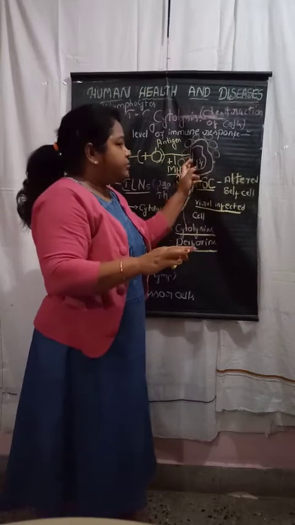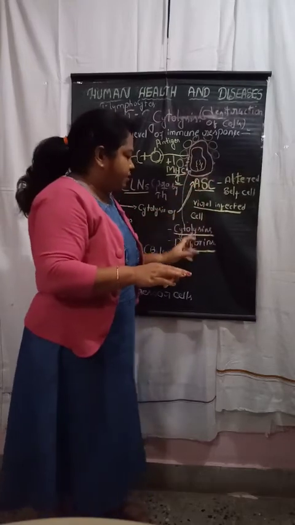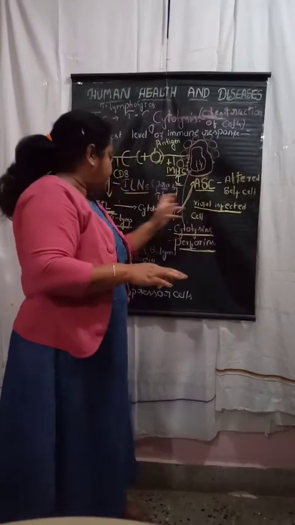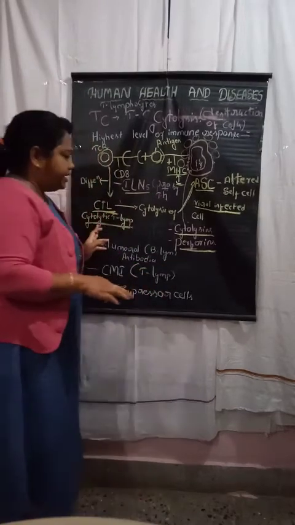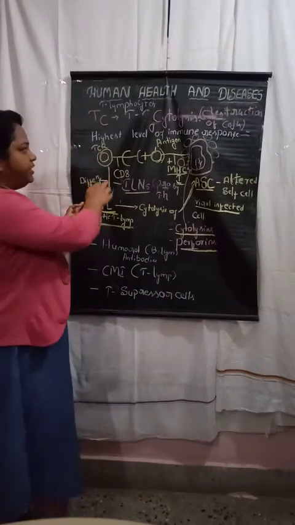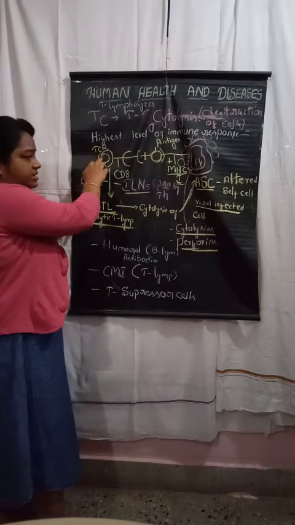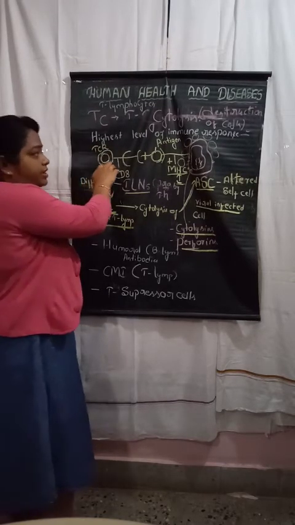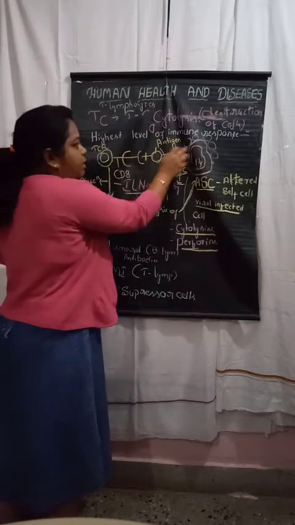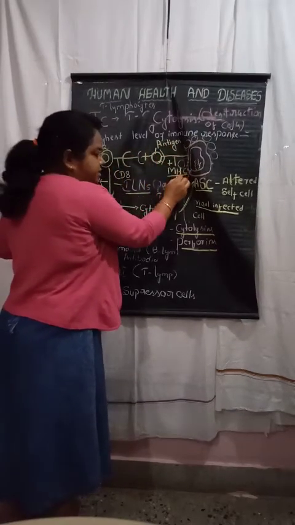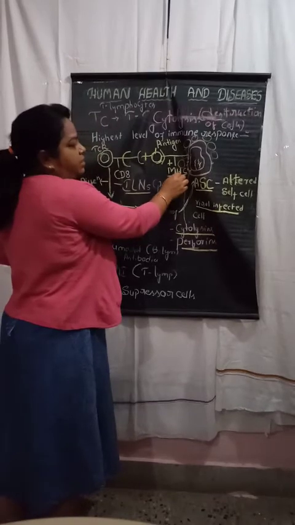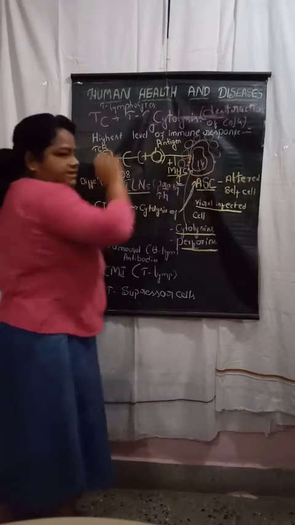So the entire cell will be destroyed by the cytolysins, by these cytolytic T lymphocytes, which are differentiated by the TCR cells whenever they bind to the complex of antigen plus MHC class 1 surface marker of altered cells.